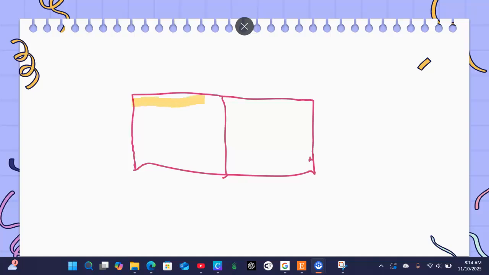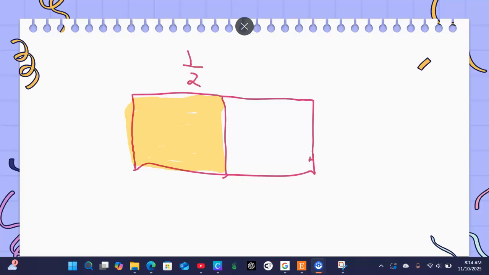We have 1/2 pan of macaroni. So that is what we have. That is the food item that we have. Let me go ahead and shade that.